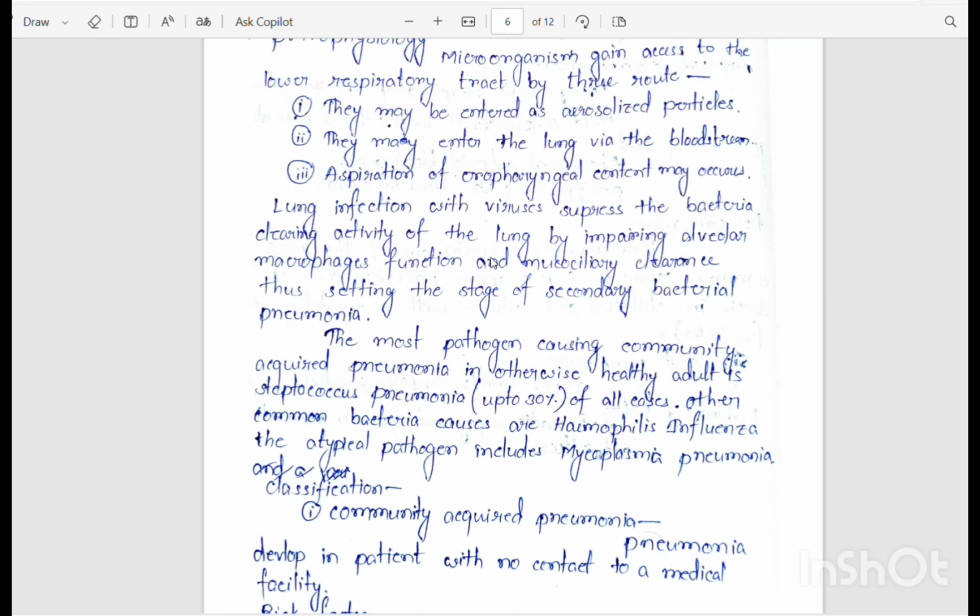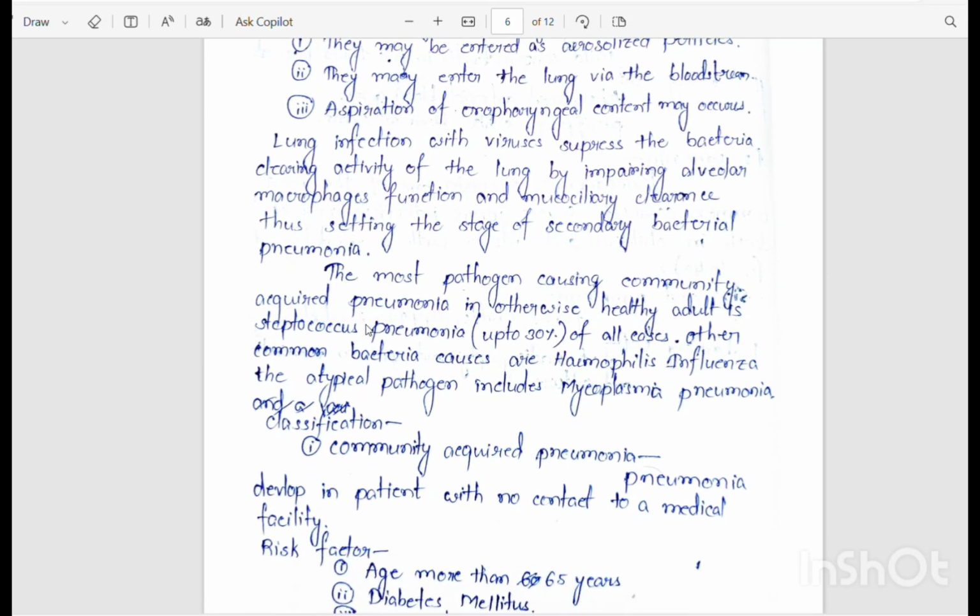Mucociliary clearance is also impaired by the lung infection, thus setting the stage for secondary bacterial pneumonia.